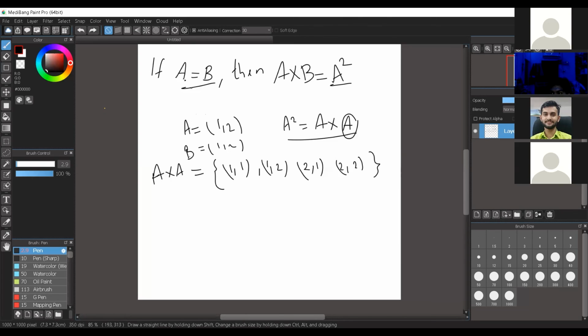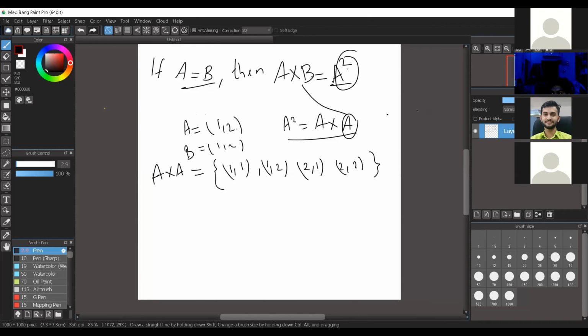Because both are equal, we write it as a square. If we wrote B, it would be hard to get. That's why we wrote A into A. We substituted A and B. Got it? Because both are the same set.